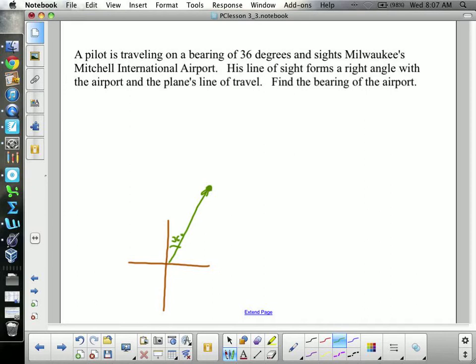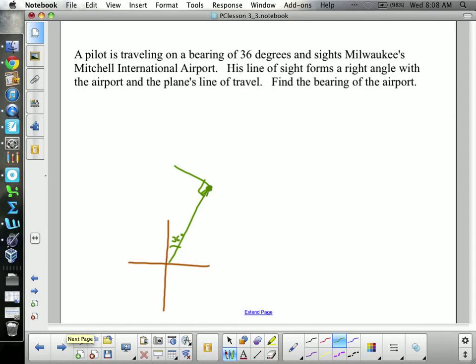So the pilot is right here, and it forms a right angle with the line of sight. Now, you're saying, well, is the right angle off to the left or to the right? Well, which side does the pilot sit on? Probably assume the pilot is sitting on the left, just like a driver in the United States. We aren't in Great Britain. If we're in Great Britain, then we'd have problems. So we'll assume it's to the left, forming a right angle there.